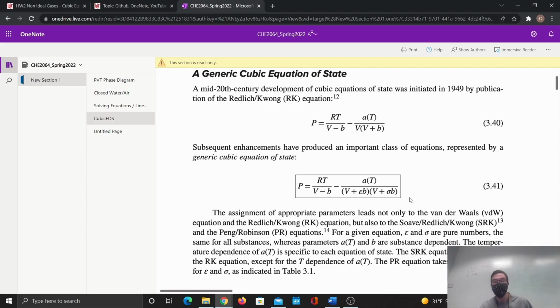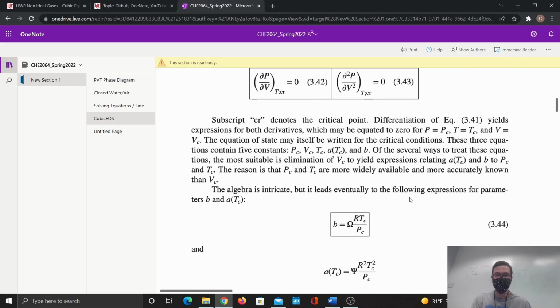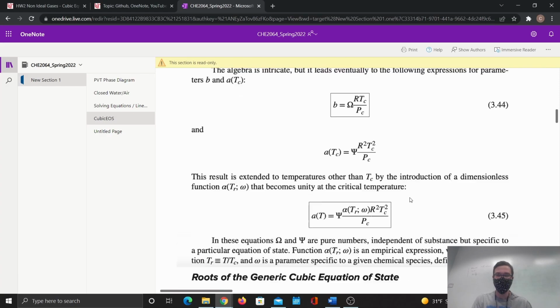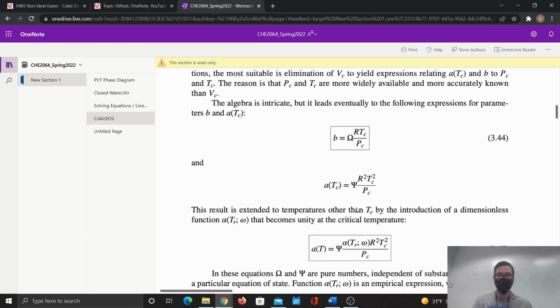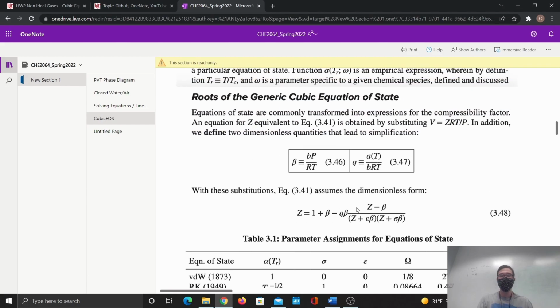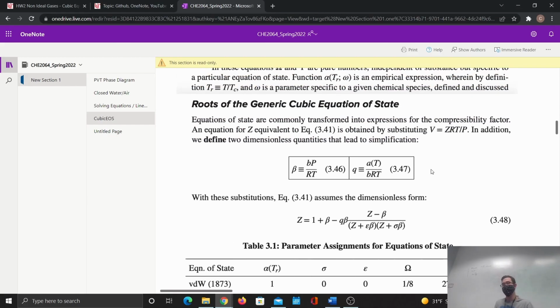Now, the only things that we need after this are not this, not this. Well, we will need this: the fact that the derivatives of pressure with respect to volume are 0. But we will need these two values here, beta and q.